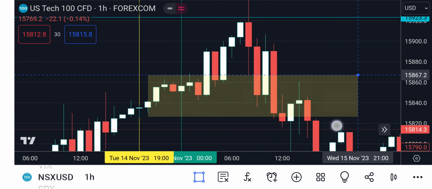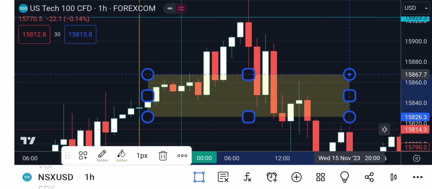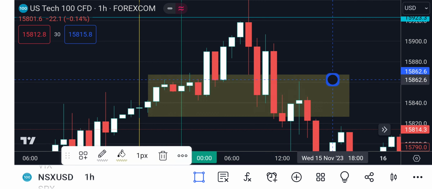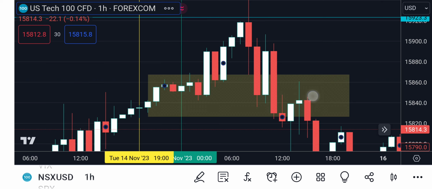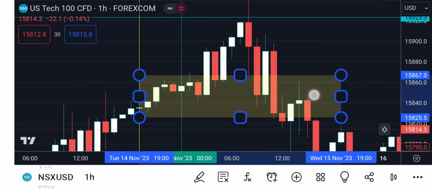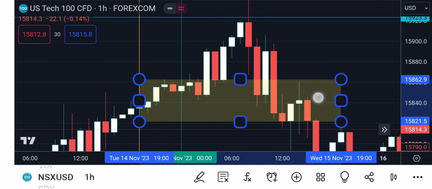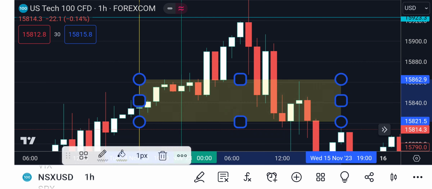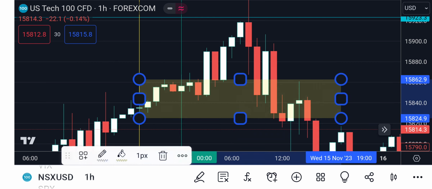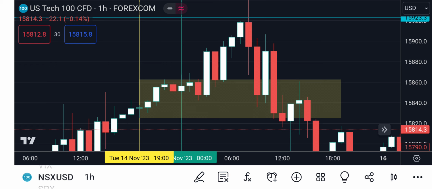Let me move this from the low of the range to the high of the range.